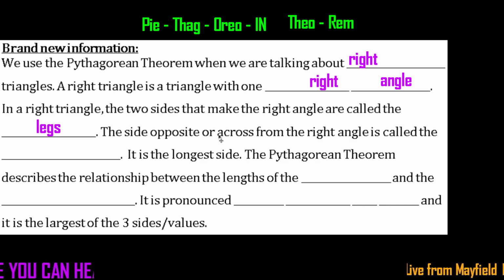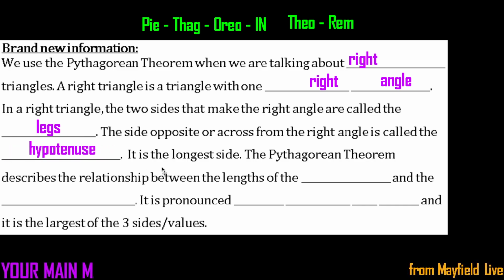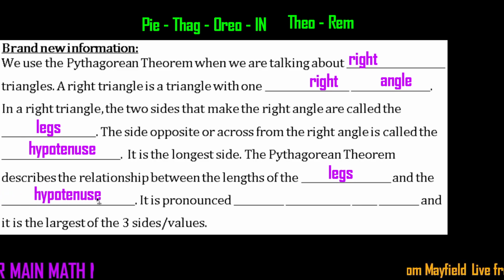The side opposite or across from the right angle is called the hypotenuse, and that's going to be the longest side of those three. Triangle, 3 sides, the longest is called the hypotenuse. The Pythagorean Theorem describes the relationship between the lengths of the legs and the hypotenuse.